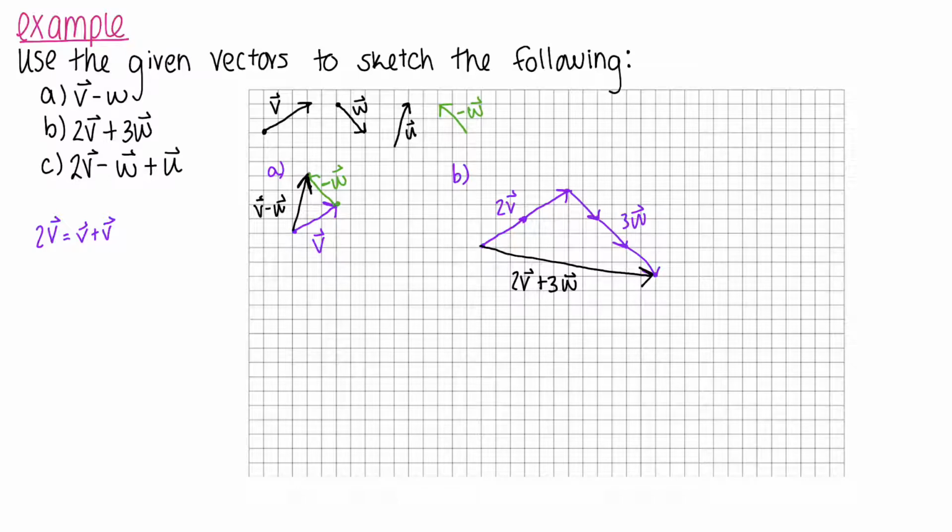All right, finally, 2v minus w plus u. I'm going to need to start down kind of far here, so I'll start right here, should be fine. And I'm going to do 2v, which I've already done before. So up 2 over 3, that's going to be one of them. Up 2 over 3, that would be the next one. So that's 2v. Minus w. So here's negative w, so adding negative w.